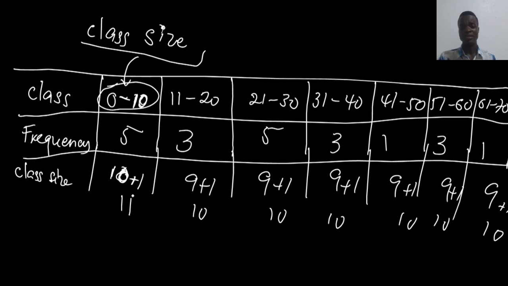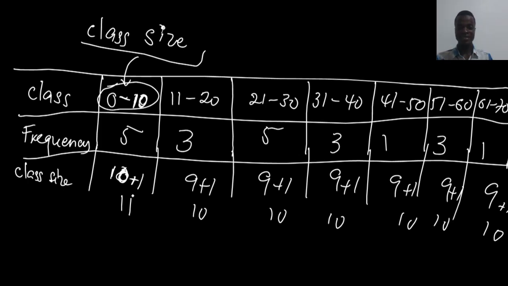It's not always the case. Take your time and solve the class size for each of them, because you may have 9, 9, 9, 9, and one may be 8 or 7. If you only check the beginning and the end and don't go through systematically, you might lose marks because you are assuming everything will be the same. Not always the case.